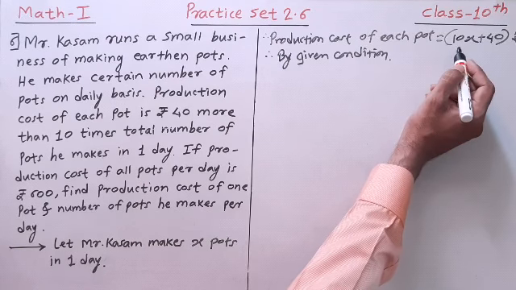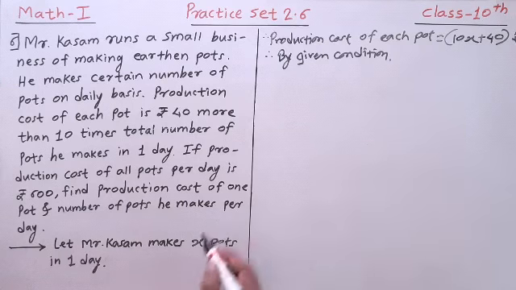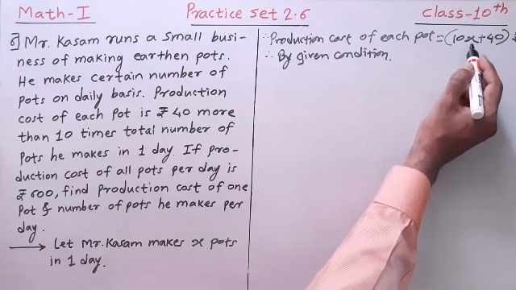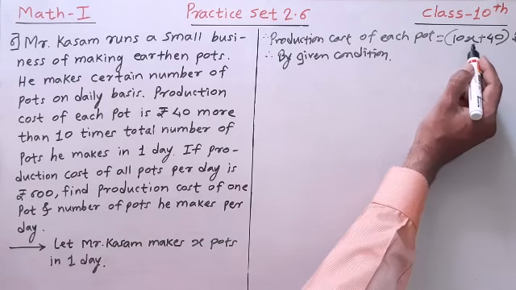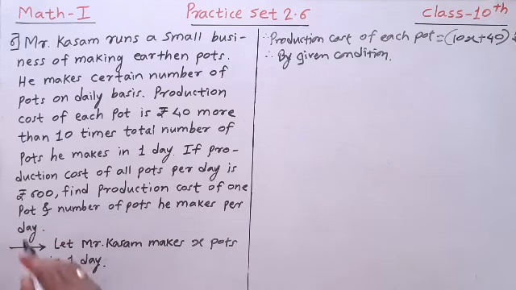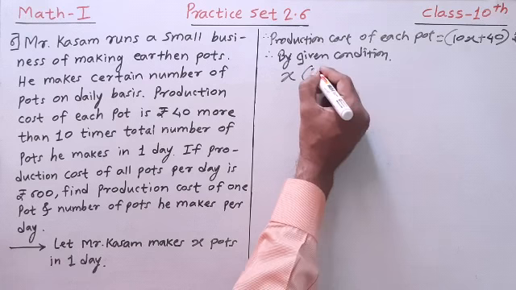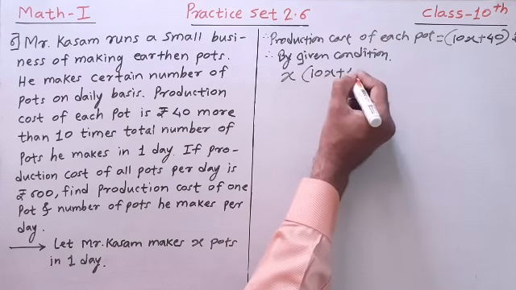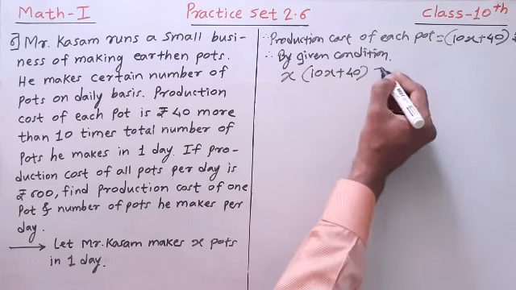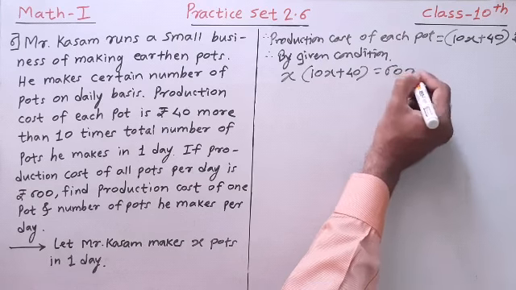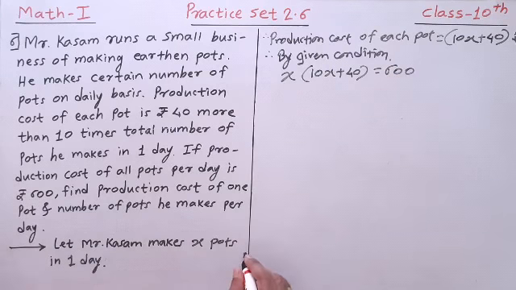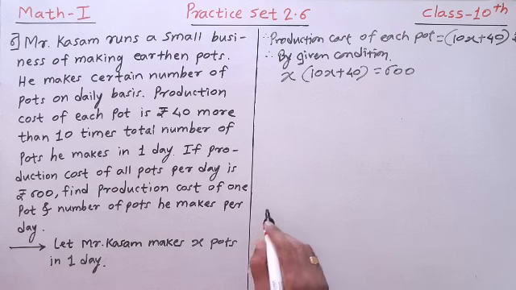So the total cost of all the pots, number of pots multiplied by production cost of each pot, is equal to rupees 600. This is the condition and this is the equation.